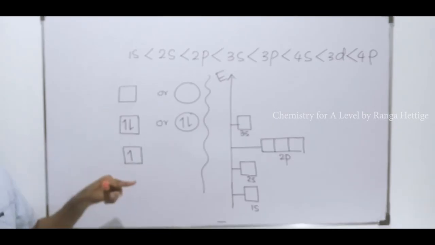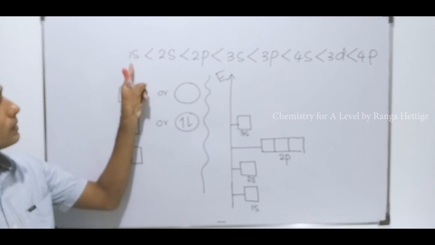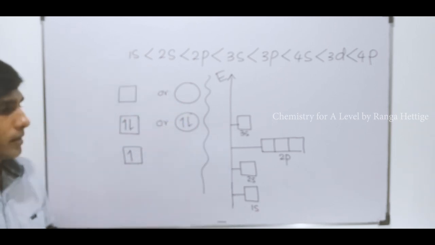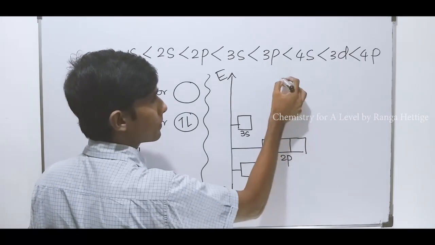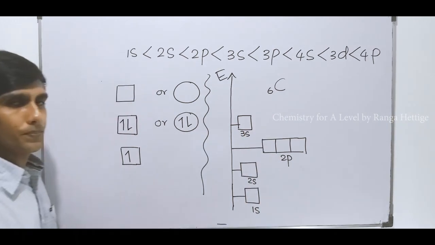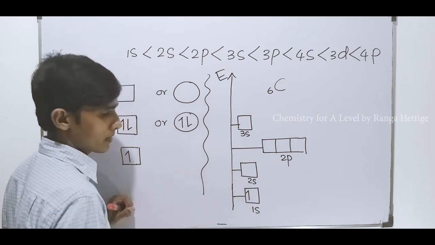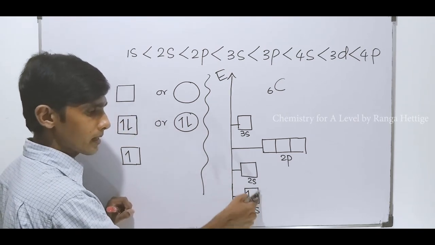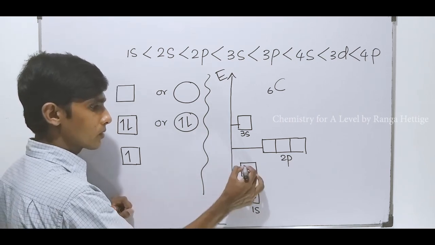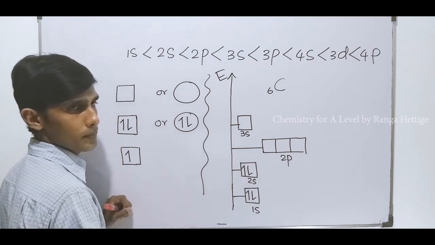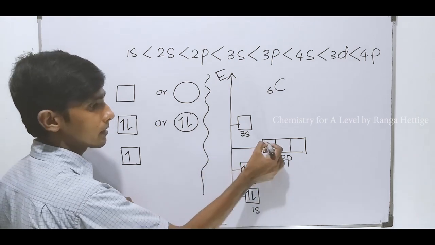When electrons are added, according to the building up principle, they are added starting from the lowest energy orbital. Consider an atom with 6 electrons, say carbon, atomic number 6. The first electron is added to 1s. Then 1s can accommodate another electron, the second electron. The third electron goes to 2s, the fourth also into 2s, then the fifth electron to 2p.